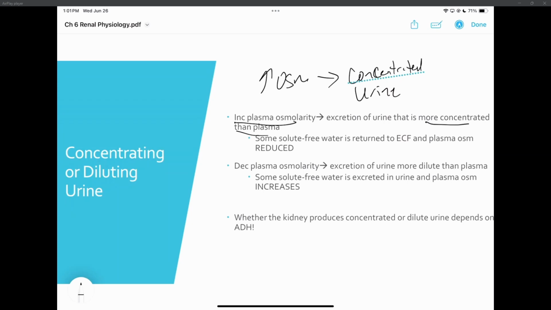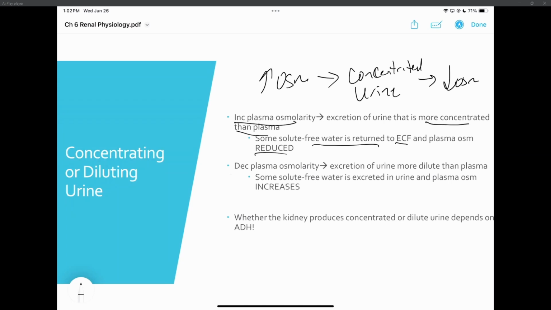So some solute-free water returns to the ECF, and plasma osmolarity reduces. So concentrated urine, eventually it's going to reduce osmolarity because that water goes back into the blood and increases the solvent side of that osmolarity, and we go from there.